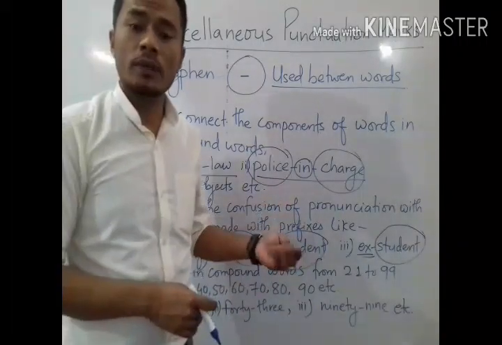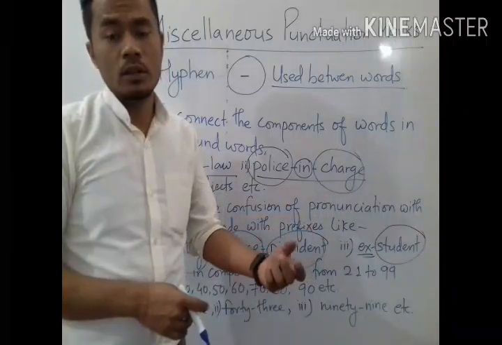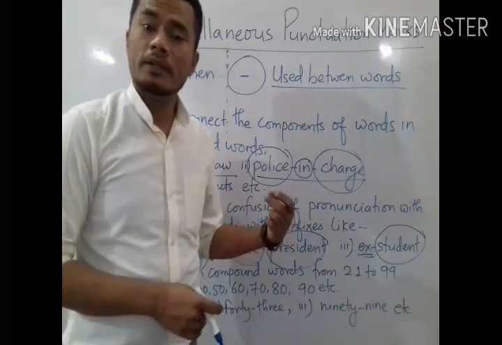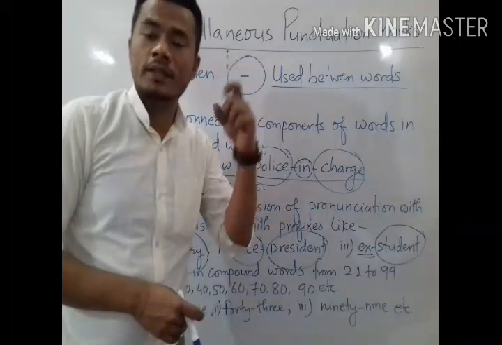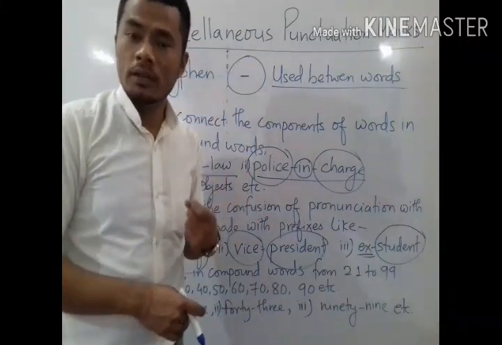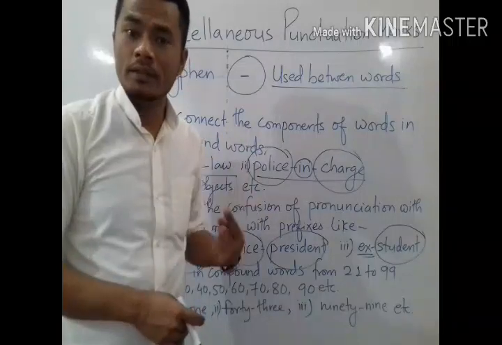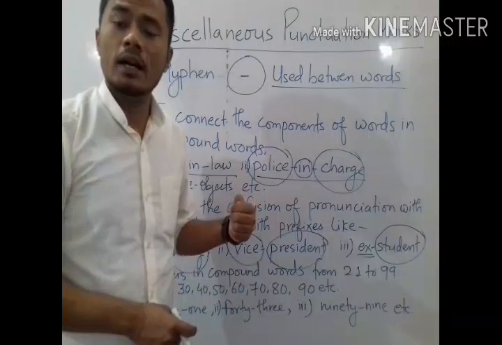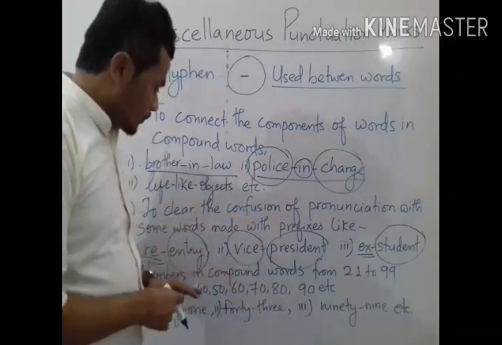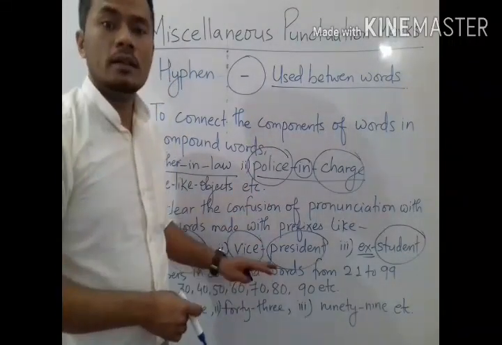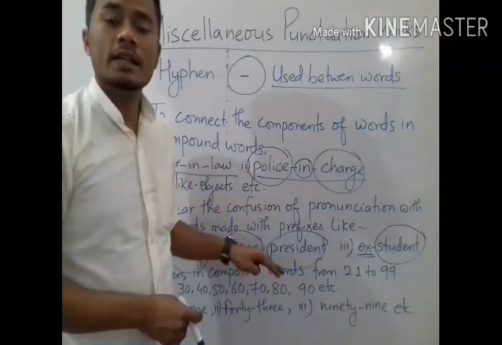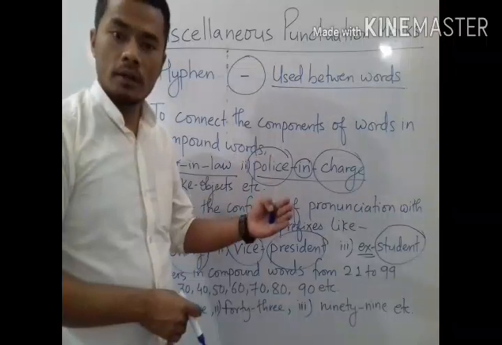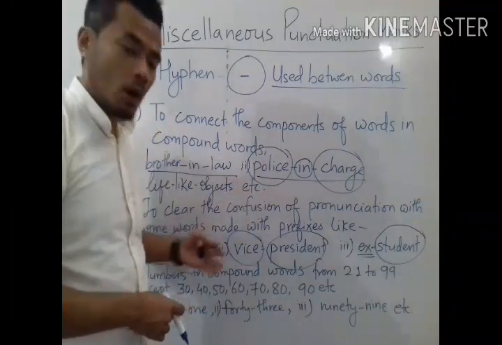Like 21: we have 20 and 1, two words together giving one concept, one number. Since we use two words to write this number, we write them using a hyphen between the two words, like twenty-one.